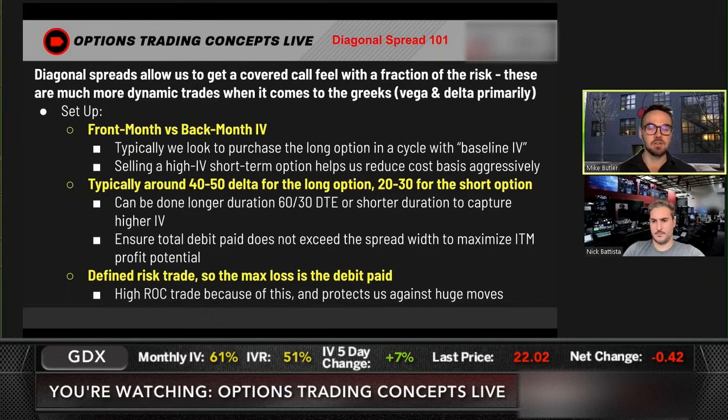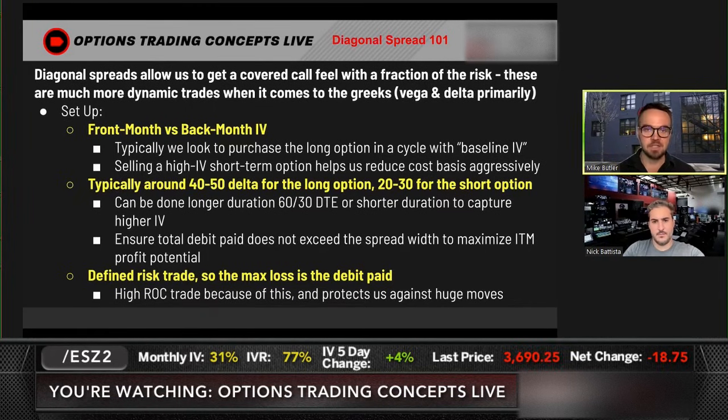And if you have a longer duration time frame on the long option, it just allows you to continue to sell short options against it if you're wrong, or if the stock's not moving, and you can continue to reduce basis 2, 3, 4, 5 times instead of 1 or 2 times if there's a small difference between your long and short option expiration. The main thing here is we want to make sure that the total debit paid doesn't exceed the spread width, and that just helps us maximize the in the money profit potential if our spread moves fully in the money.